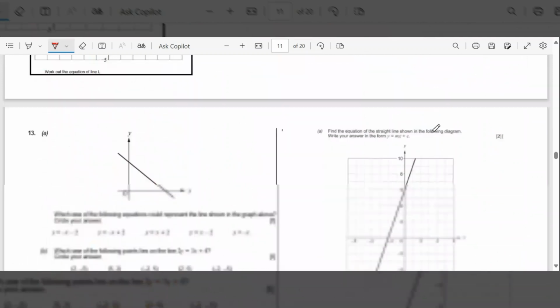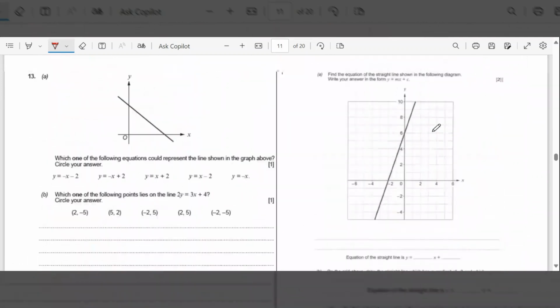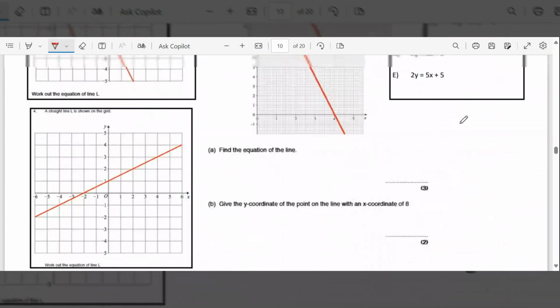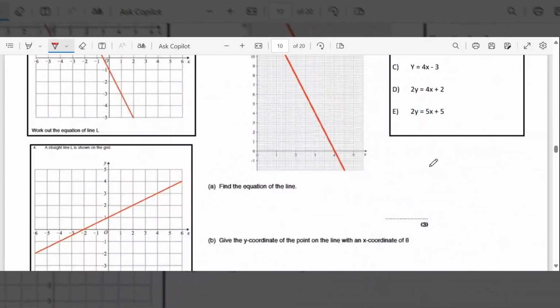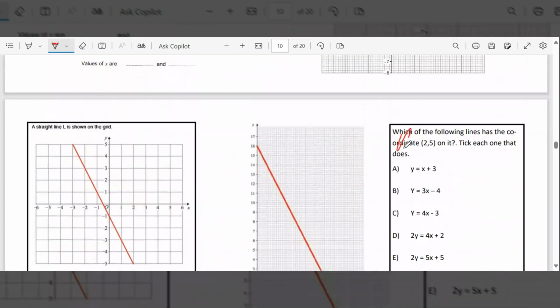What have we got? Right, I'm just going to do a brief thing. I don't want you to look at too many of these. Here's the deal. What is the gradient of the straight line? Now, what we're looking for is y equals something x plus, or maybe minus something.